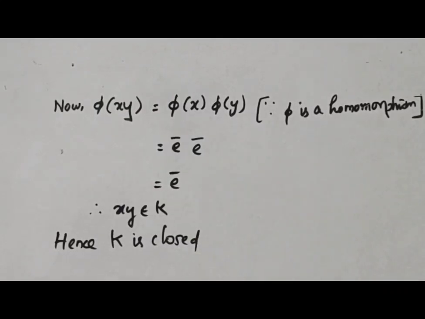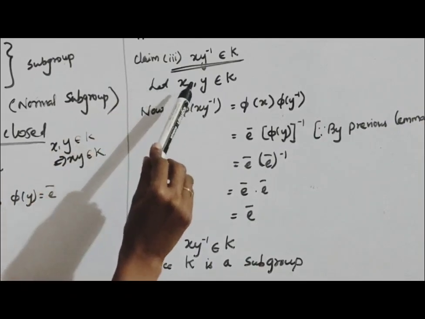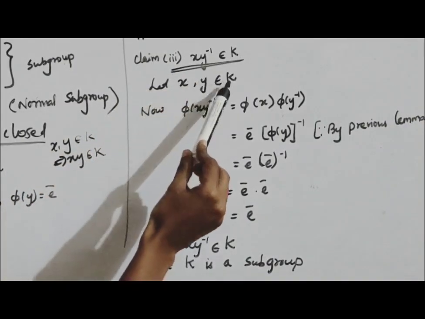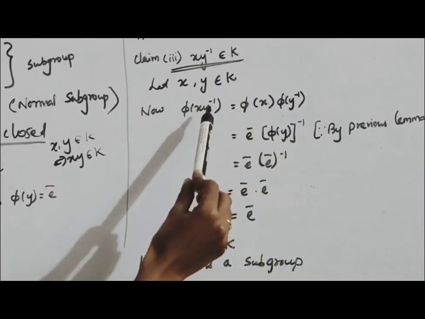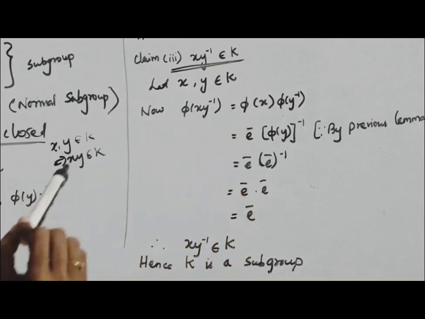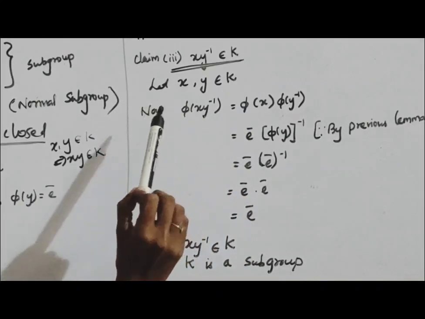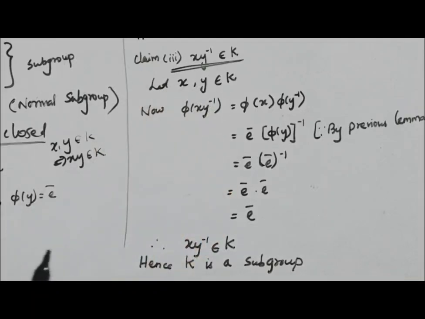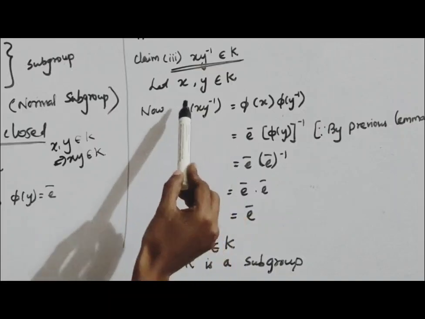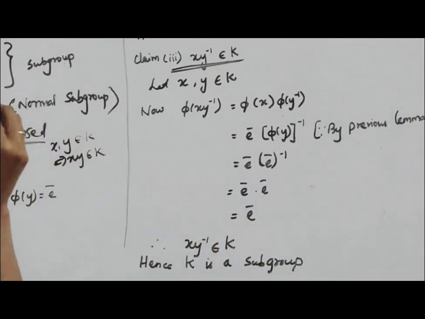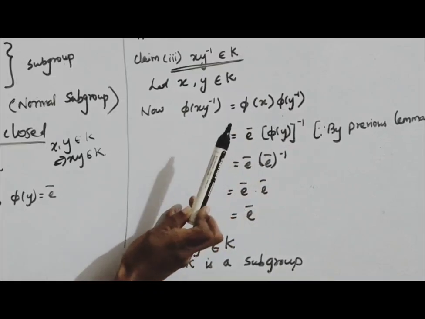Hence, K is closed. Now, we have to prove the third claim, that xy inverse belongs to K. Let us take x, y belonging to K. Now we are going to prove xy inverse belongs to K. Therefore, we consider phi of x y inverse. Since phi is a homomorphism from G to G bar, this phi of x y inverse can be written as phi of x into phi of y inverse.